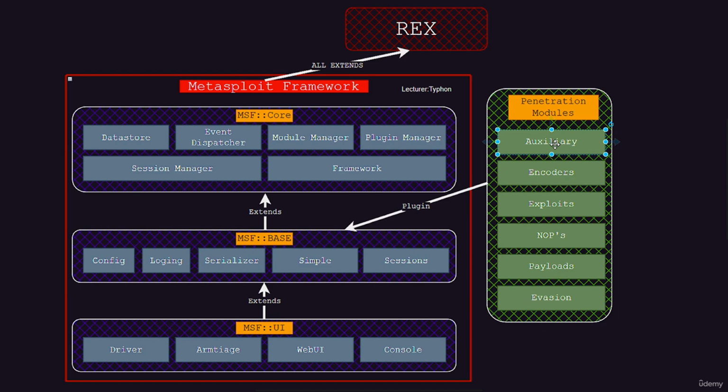And we have these auxiliary modules here. Auxiliary modules are like versatile Swiss Army knives. They are multifunctional and can perform a wide range of tasks, including information gathering, like collecting data about a target system or network, such as open ports, running services, or even sensitive information. You can also do fingerprinting tasks here.